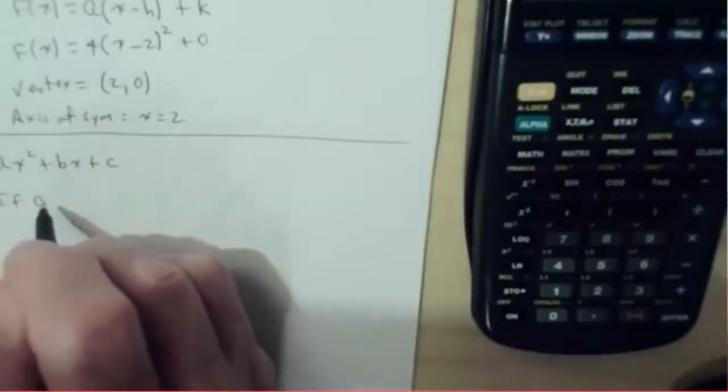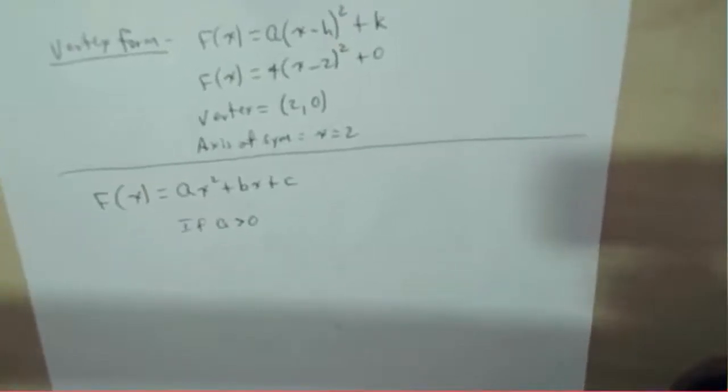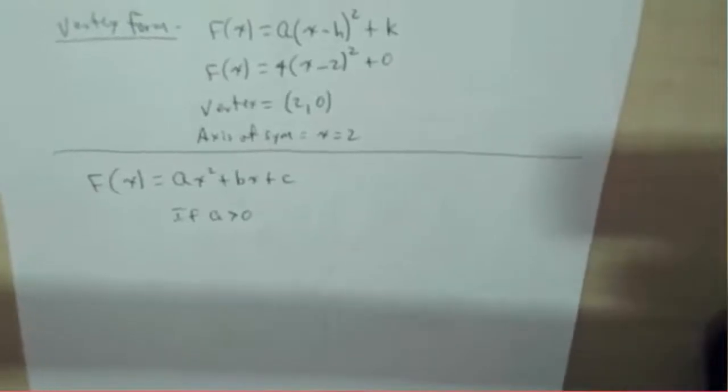If a is greater than 0, what numbers are greater than 0? Positive numbers.